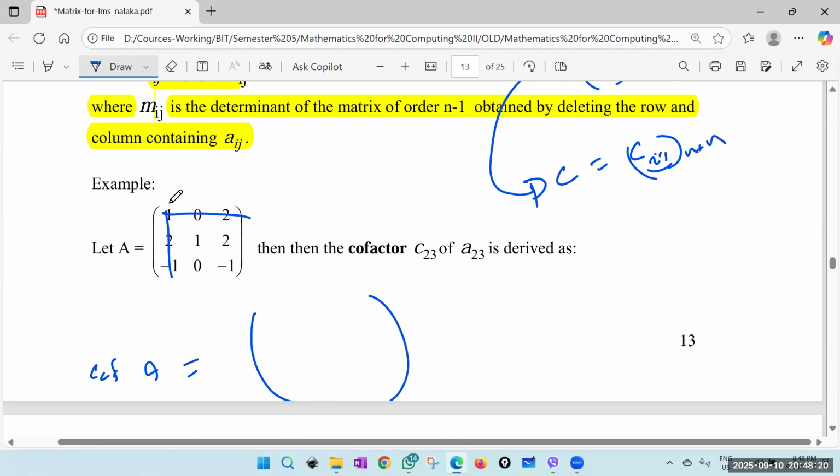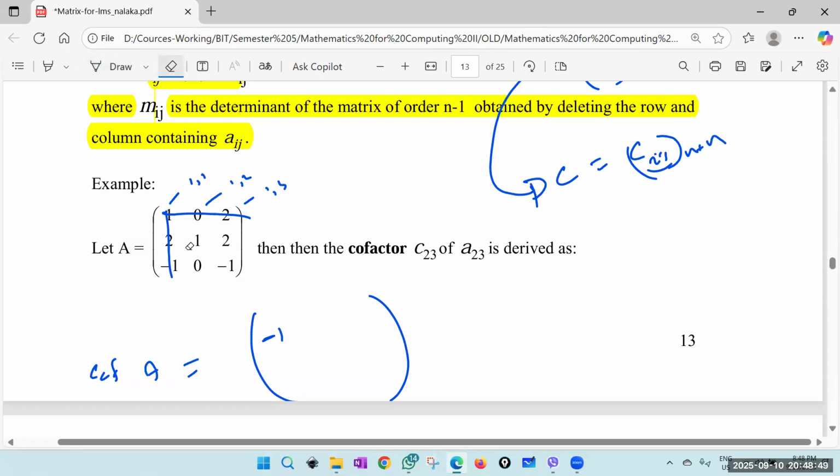This is position 1,1, so 1 plus 1 is 2, which is even. So you simplify the determinant of this one and put it there. This is 1 into minus 1 is minus 1, minus 1 minus 0 is minus 1.